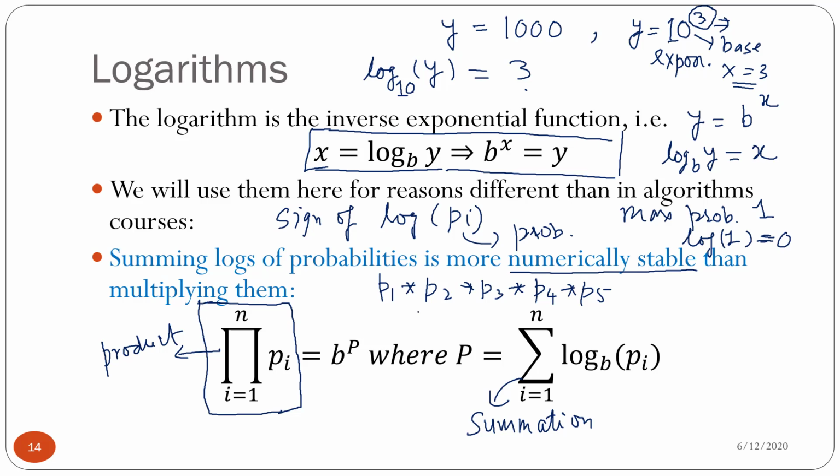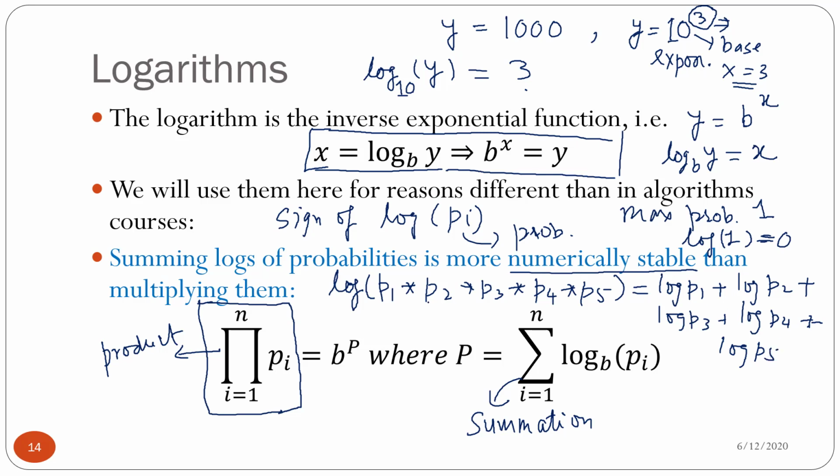Alright, so if you know the basic principle of log and you are doing log of the product p1 into p2 into p3 into p4 into p5, then that would be the same as log of p1 plus log of p2 plus log of p3 plus log of p4 plus log of p5.